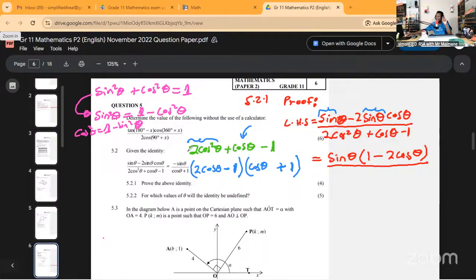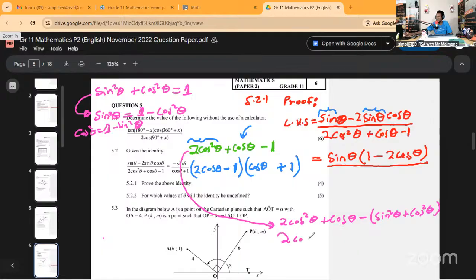Another way of breaking that part out, we can also look at it like this. I'm still on the denominator there, by the way. I can say I have 2 cos squared theta plus cos theta minus sine squared theta plus cos squared theta, which is 1, right?